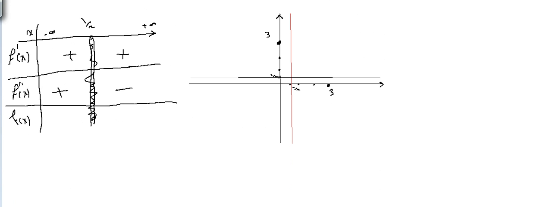The function is increasing. The concavity here is upwards, and the concavity here is downwards. We don't have any special point here because the function has an asymptote. As x tends to minus infinity and plus infinity, we get half as the horizontal asymptote.